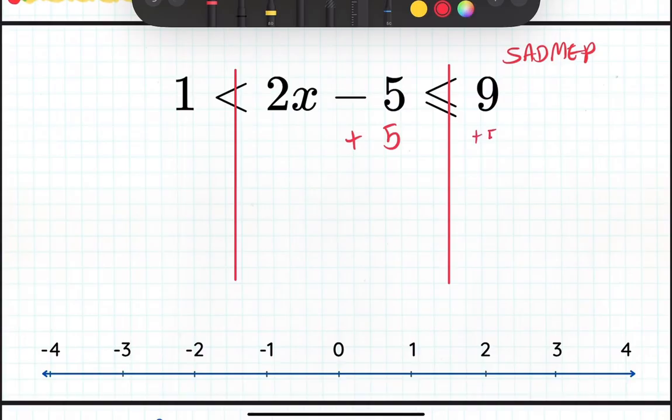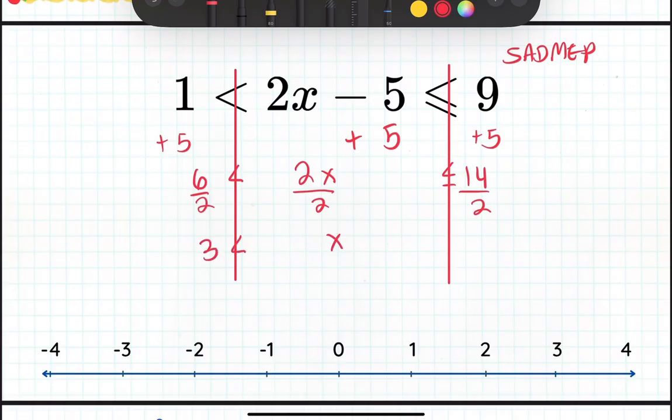So I'm going to add 5 here, add 5 here, and I get 6 is less than 2x, less than or equal to 14. And then I'm going to simply divide by 2 on every single side again. And I'm going to get 3 is less than x, which is less than or equal to 7.